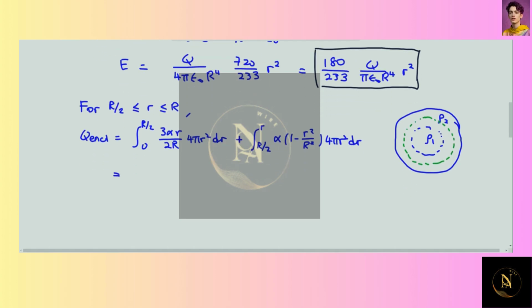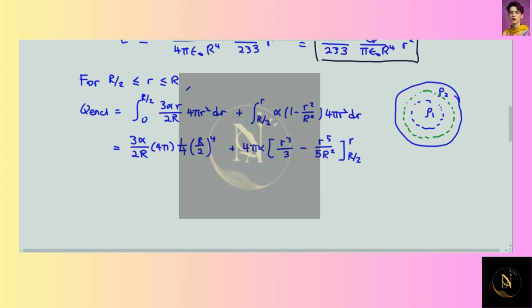So for the first one, if you do the integration, you have 3 alpha over 2R times 4 pi, and then you have 1 over 4 times R over 2 to the 4. And then for the second term, you get 4 pi alpha, and when you integrate, you get r cubed divided by 3 minus r to the 5 divided by 5 R square, from R over 2 to small r.